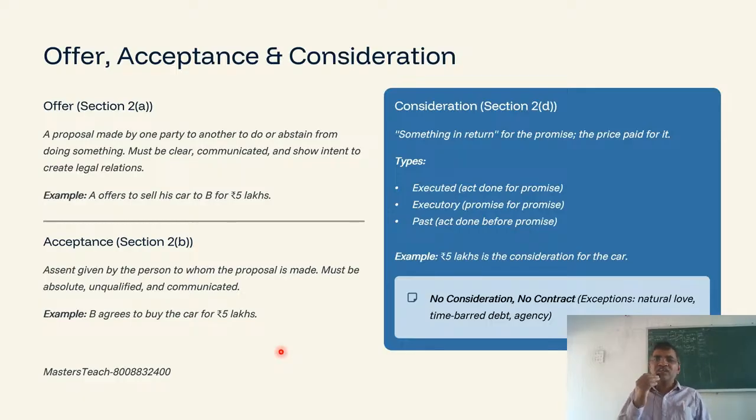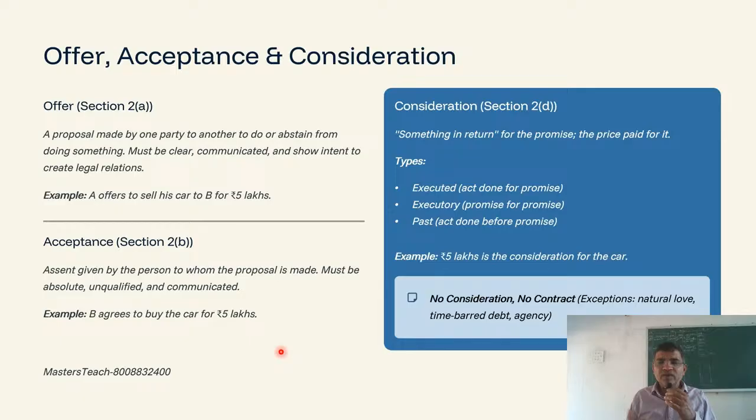What is consideration? Something in return. So we give the car, and what you are going to give is called consideration, the price paid for it. Types of consideration: executed, an act done for a promise; executory, a promise for a promise; past, an act done before the promise.